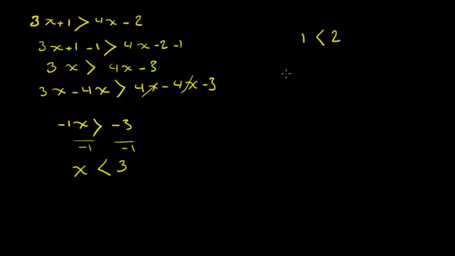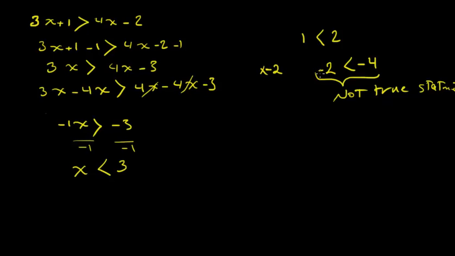So if we multiply both sides by a negative number, let's say by a negative 2, then we'll have 2 times 1 is minus 2, and 2 times minus 2 times 2 is minus 4. Now, is this statement true? No, it's not a true statement.